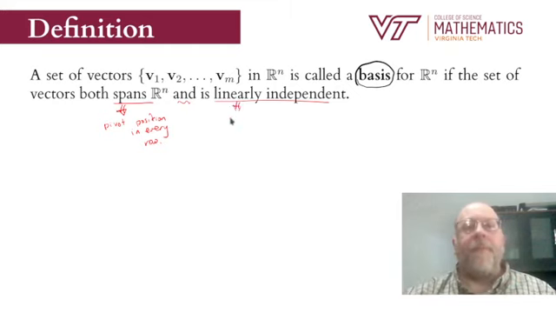But to be linearly independent, there has to be a pivot position in every column.